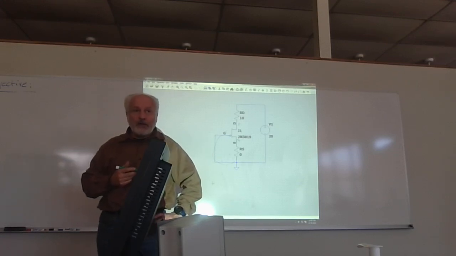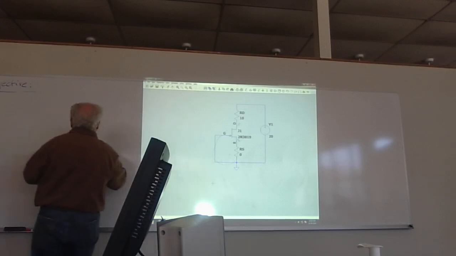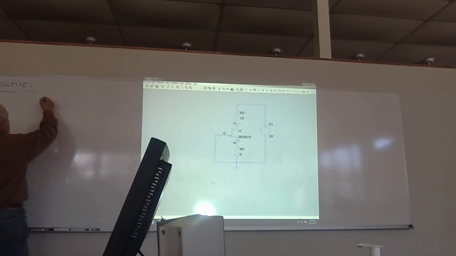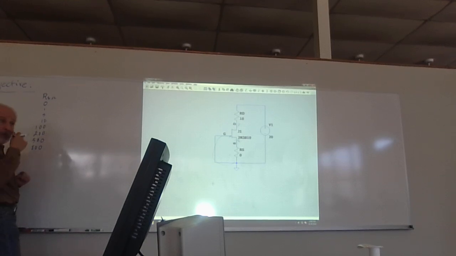Got it? So, what happens? Well, I'm going to have a table here with various RS values starting at 0, maybe 1, 5, 10, 100, 200, 500, 800 ohms. Make sure you put your units.